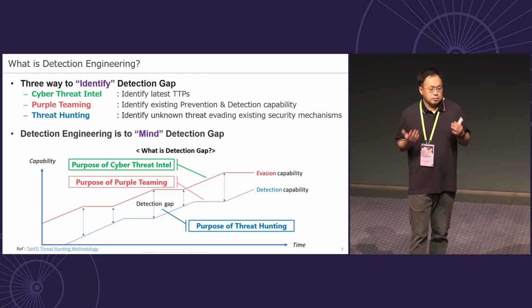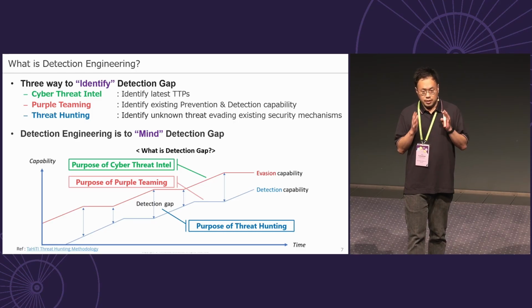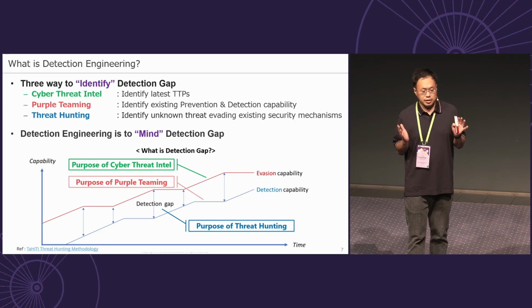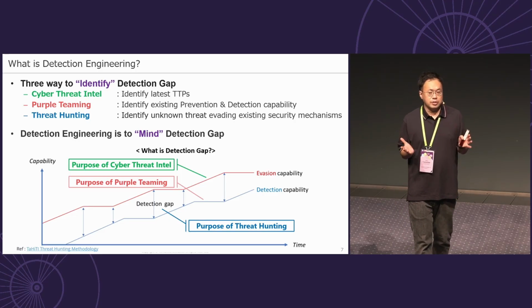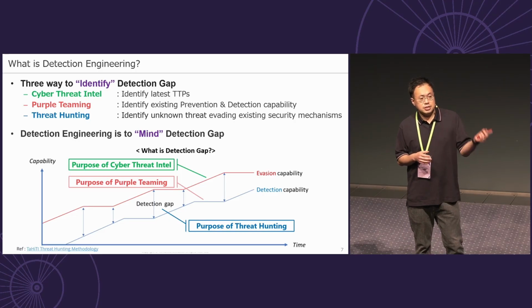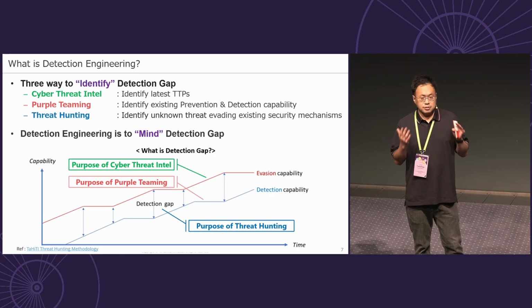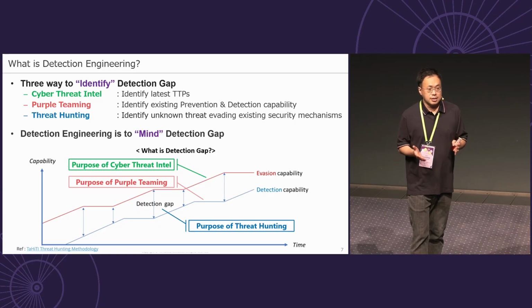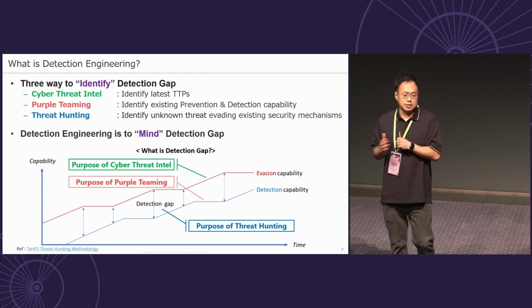So in order to mine the detection gap, first of all, what we have to do is identify what the detection gap is. There are three ways to do that. First of all, cyber threat intel. One of the purposes of cyber threat intel is to identify the TTPs, tactics, techniques, and procedures, as you know.